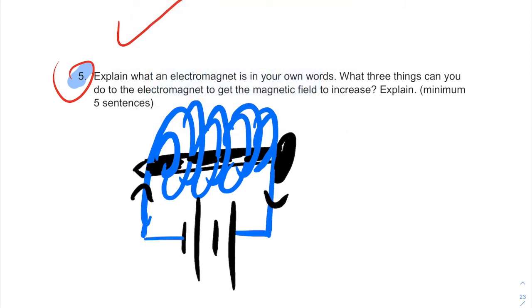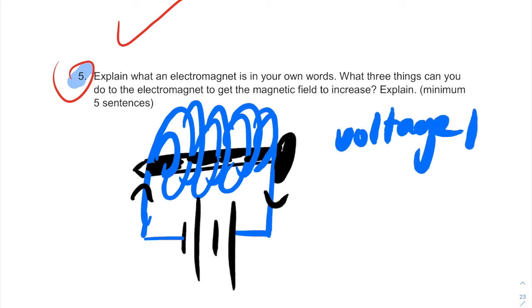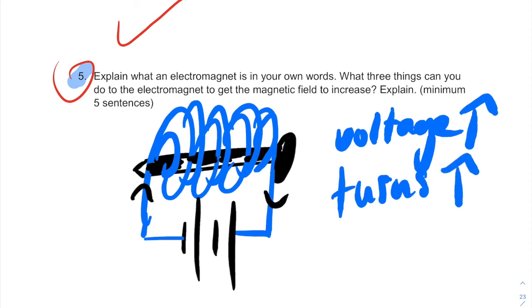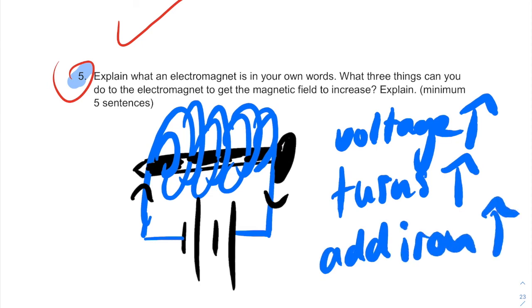So three things. You can make the voltage go up, that's by adding another battery. You can add turns, which are the loops around the nail, and you can add iron. And when you do all of those things, the electromagnetic field gets stronger.